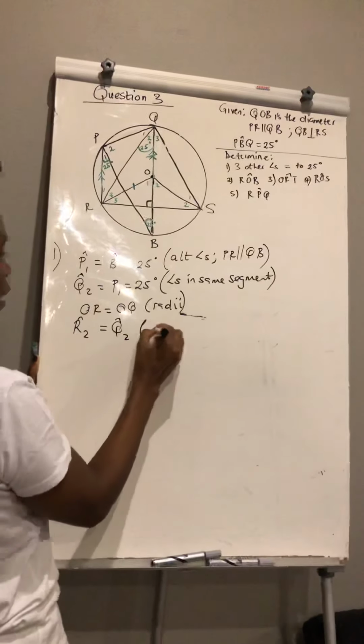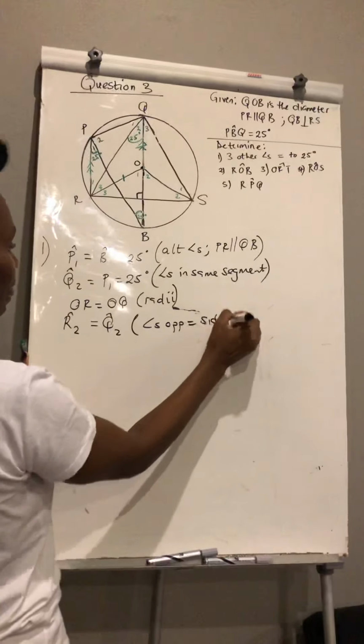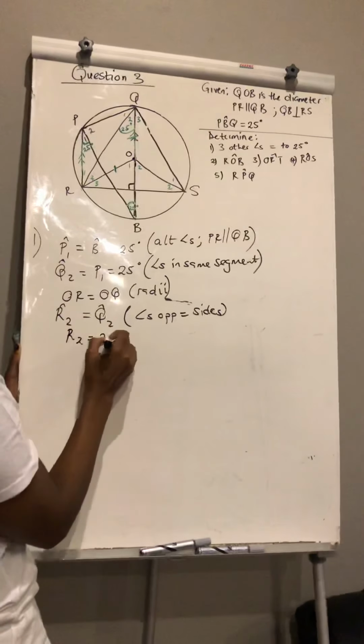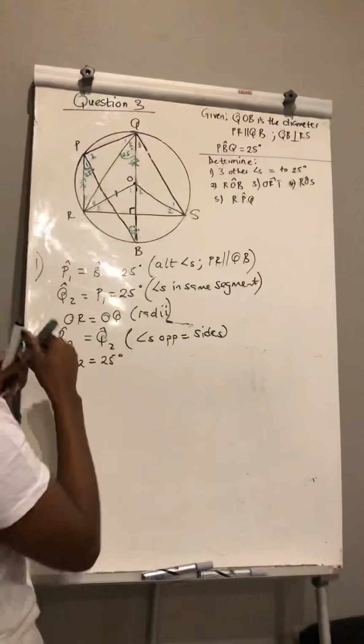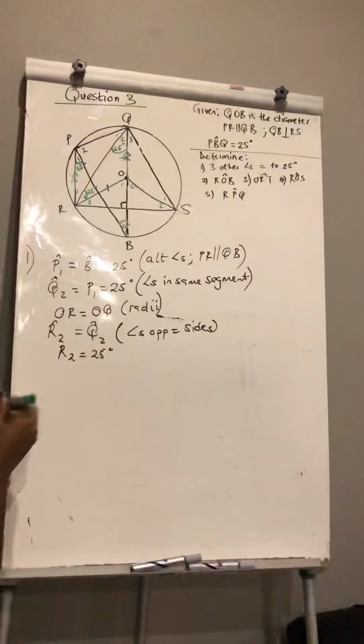These are angles opposite equal sides. And of course, you are noticing how R2 is also going to be equal to 25 degrees, aren't you? So this will be the other 25 degrees that we've got right there.